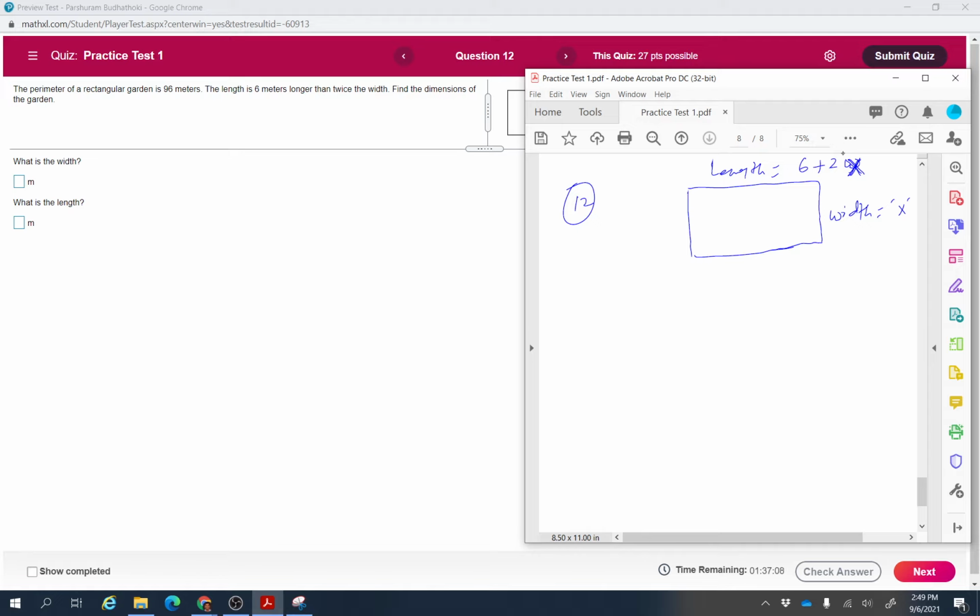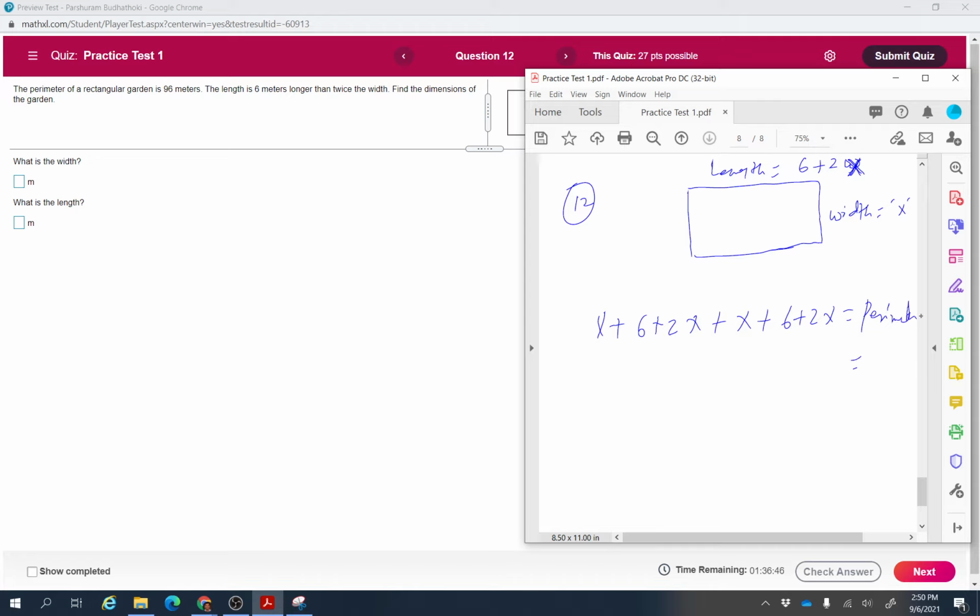So now we know that the perimeter is x plus 6 plus 2x plus x plus 6 plus 2x. Sum of the four sides.